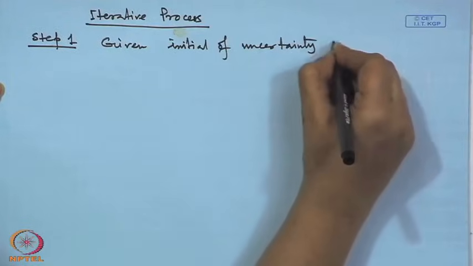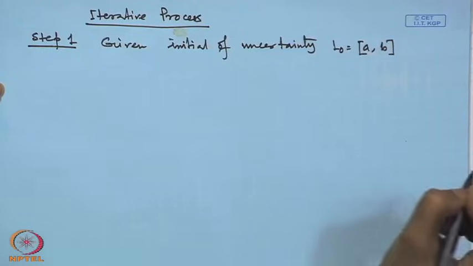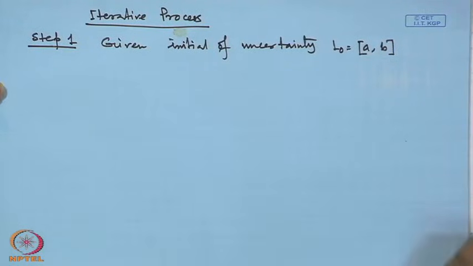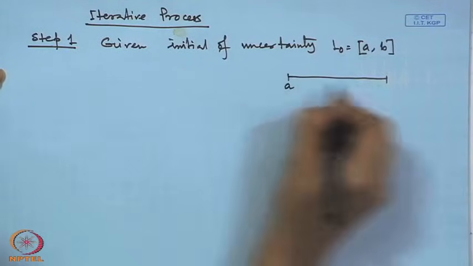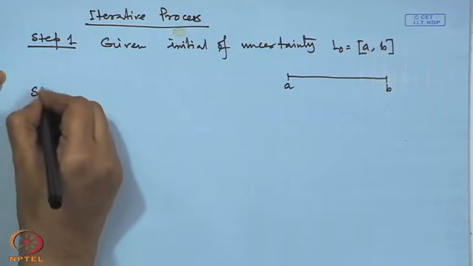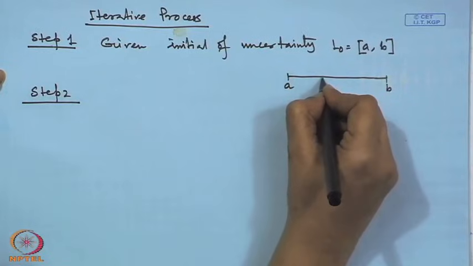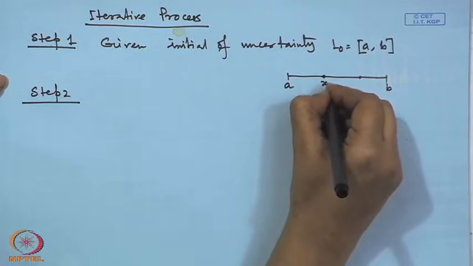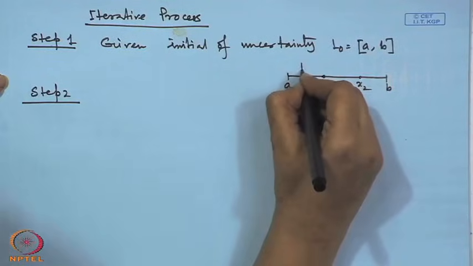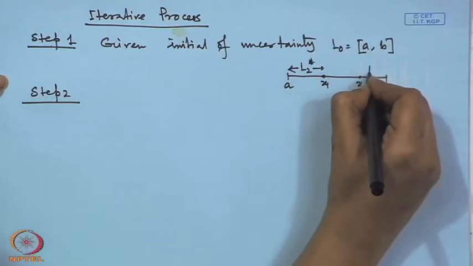The number of experiments is not needed for us, that is why we will start our process from the initial level of uncertainty L naught, that is from, let us consider it from A to B. Step 2, we will consider two experiments x1 and x2 within A to B in such a way that it is L2 star distance apart from both the ends.